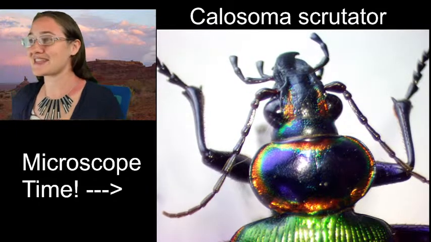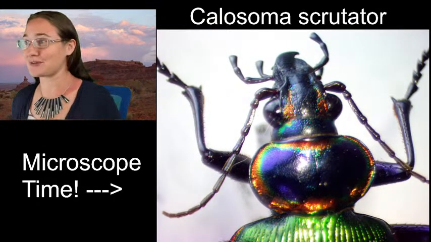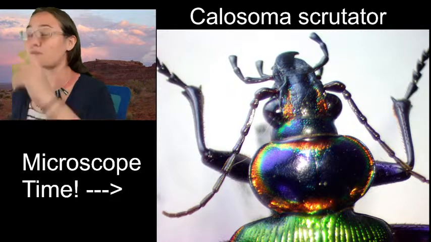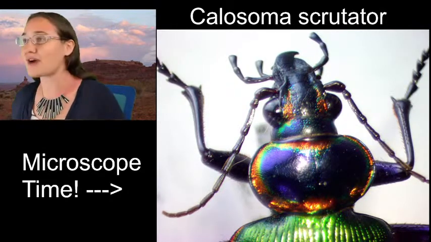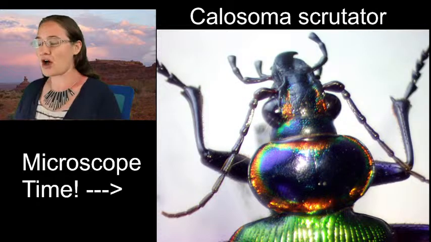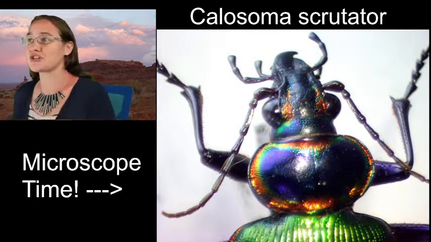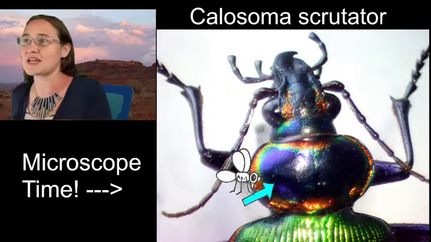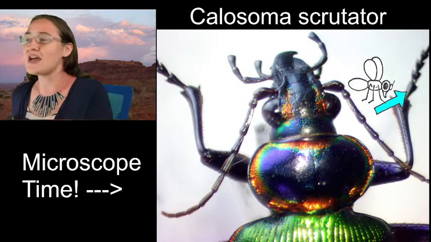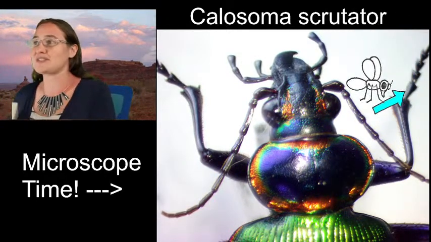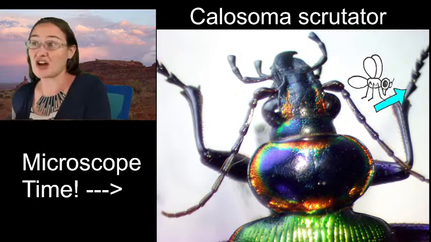I think these beetles are absolutely gorgeous, and because they're so big, we can see a variety of their really cool characters. The tarsal segments, for instance, that you can see on the ends of the legs, they're all individual, and you can see them very well because this is a fairly large beetle.